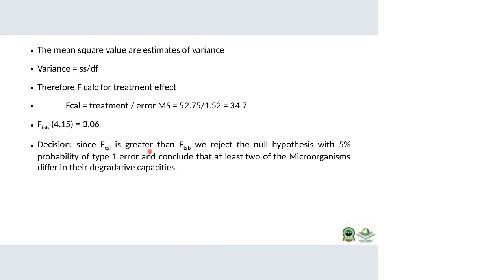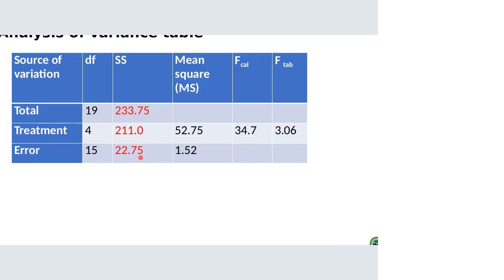Now I will share the screen for the F distribution table so that we can see how we obtain our F table value.